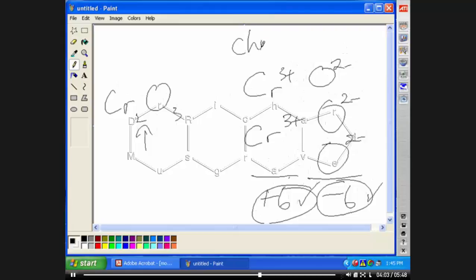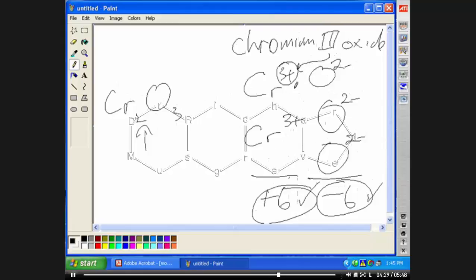The name of this would be chromium 3 oxide. The reason it's 3 is because we're talking about the charge on each chromium, which is going to be 3 plus, not 6 plus. That would be the total charge. But it's chromium 3 oxide, Cr3 plus.